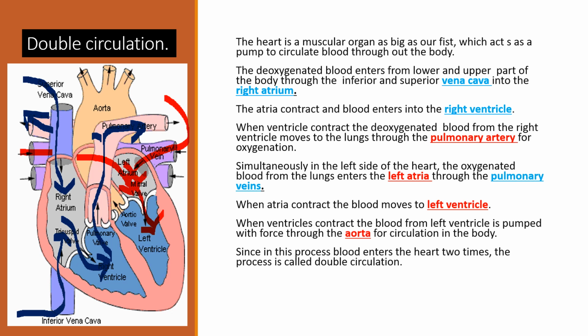On ventricular contraction, the oxygenated blood is pumped with force into the aorta for circulation in the entire body. Now, in this process, the blood enters the heart two times, once through the right side and after oxygenation through the left side. Hence, circulation in man is called double circulation.